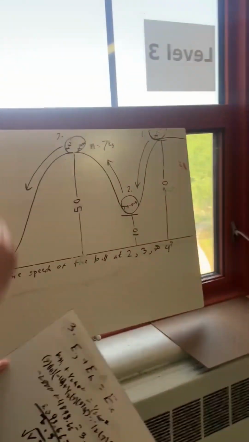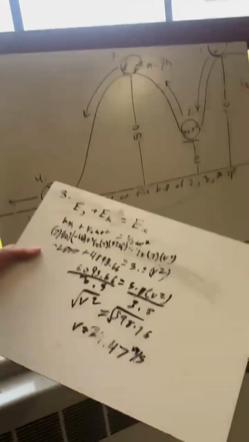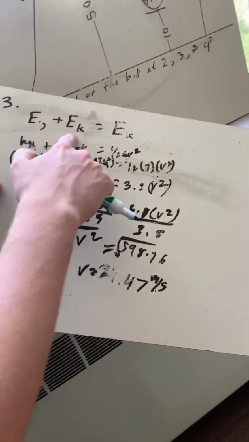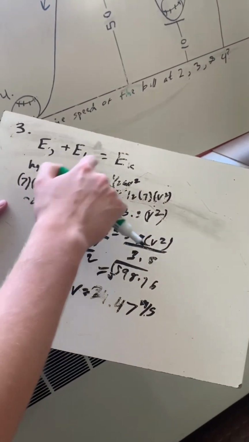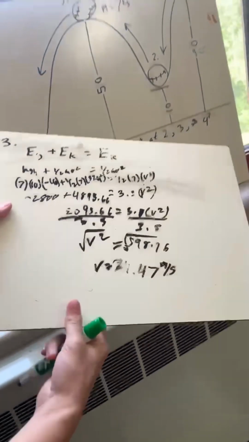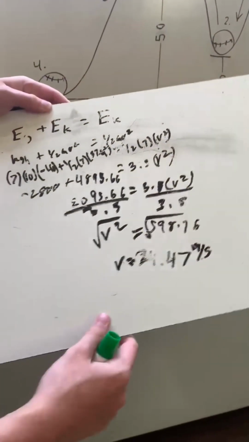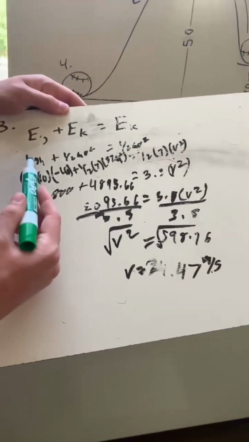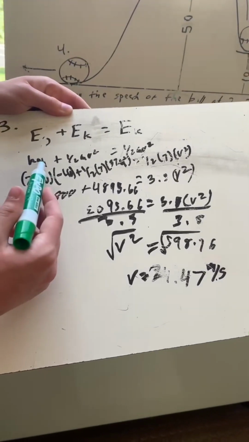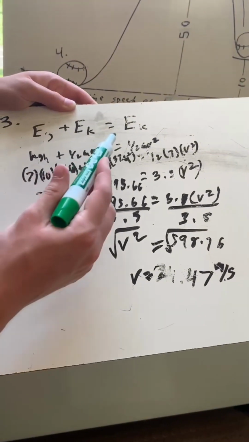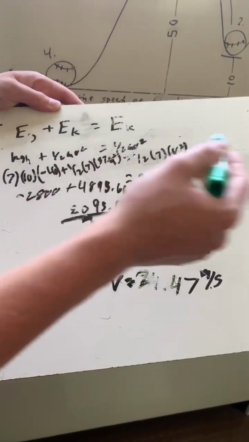So here's how we can find the speed at position 3. At position 3, gravity and kinetic energy are acting on it, as well as kinetic energy. So we set them equal to each other, conservation of energy. Mass times force of gravity times height plus 1/2 mv squared equals 1/2 mv squared.